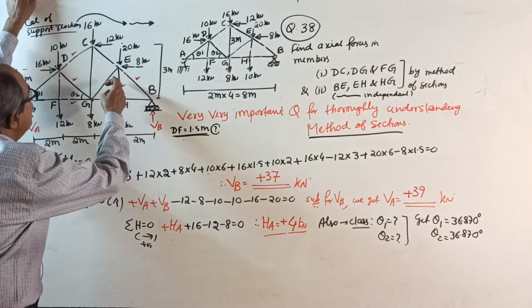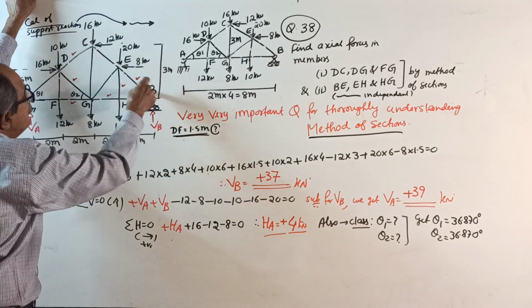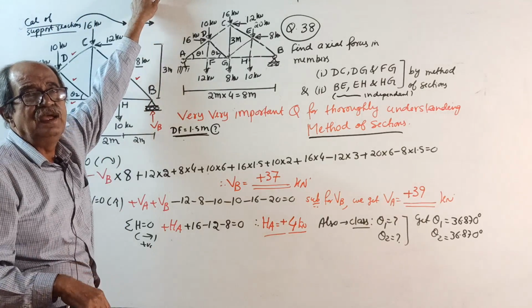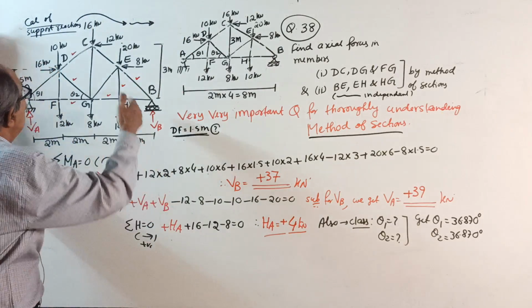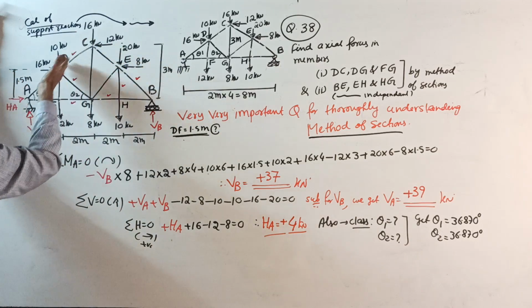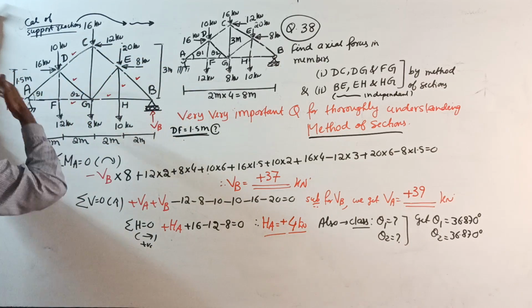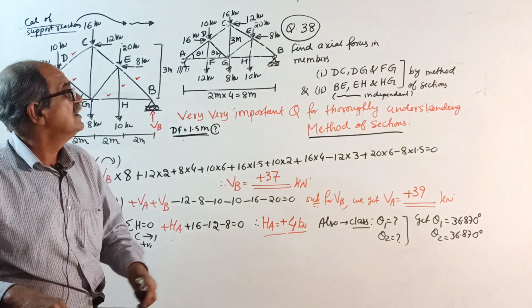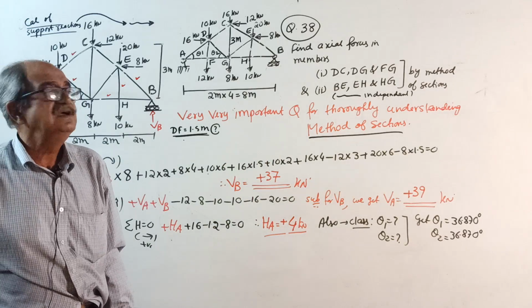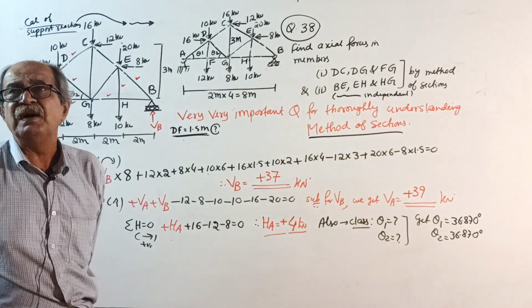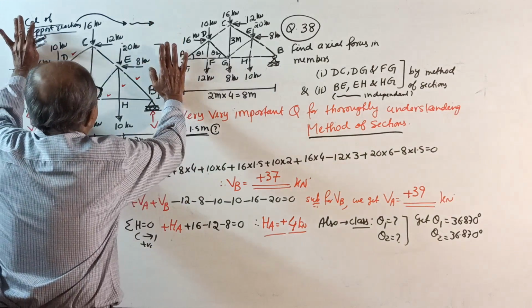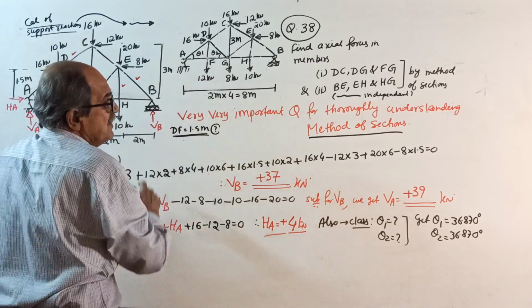And for this other inclined member, angles are not required in method of sections. Even if you require, this angle will be the same as this one. In method of sections, before you start, see which inclined members are there and decide the angle. Now this question is ready for method of sections.